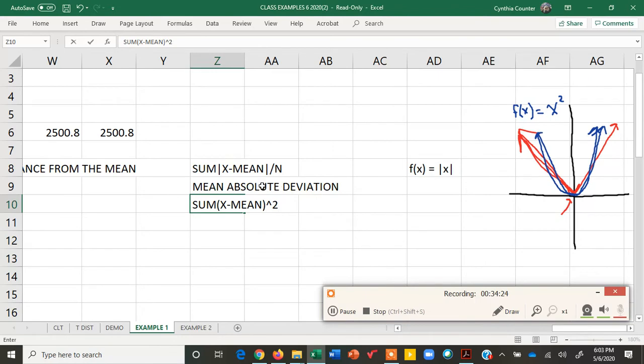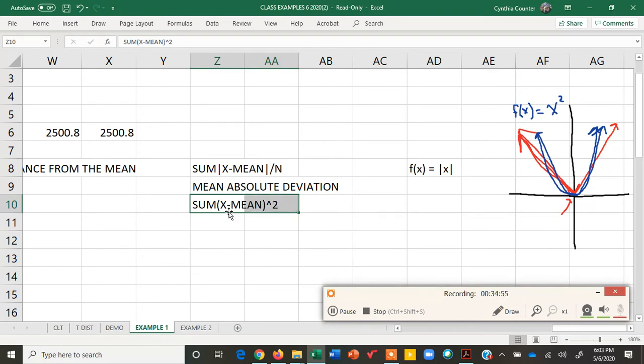And then we're going to average out that sum. But you're going to see that when we're talking about sample statistics, we actually don't just divide by n, and I will explain why. But know that when you compute the variance, what you're doing is finding basically an average of the squared differences from the mean.